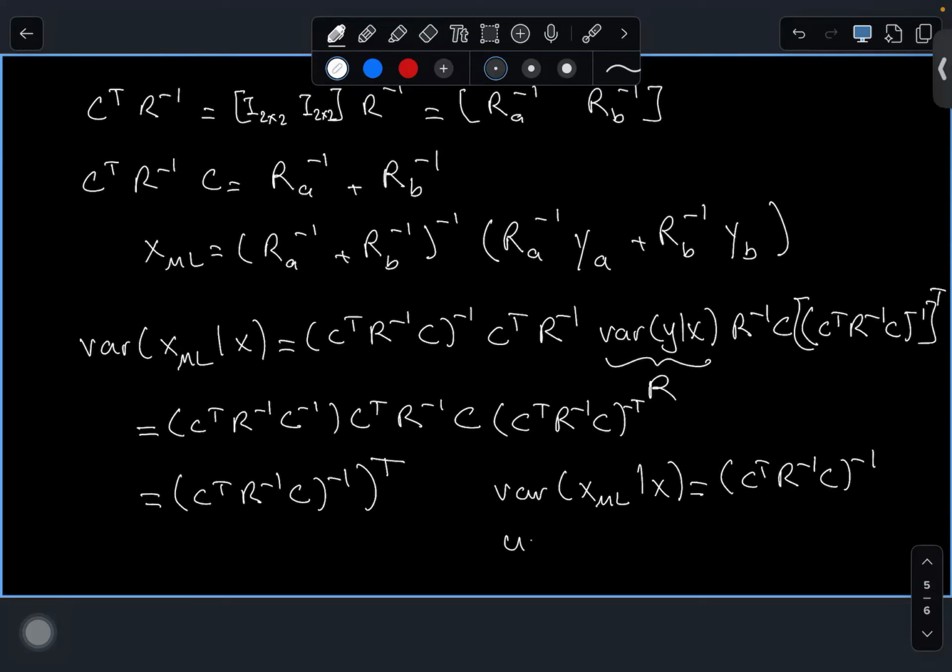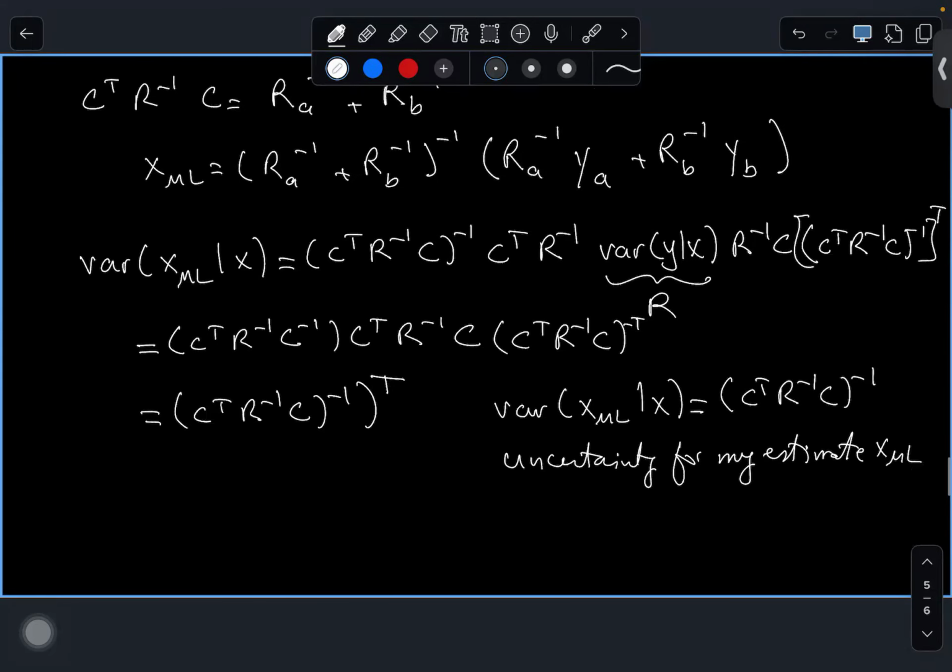This is my uncertainty for my estimate X ML. So I made an estimate that says, I think I'm here, and I can tell you how certain I am about my estimate. There is this variance.